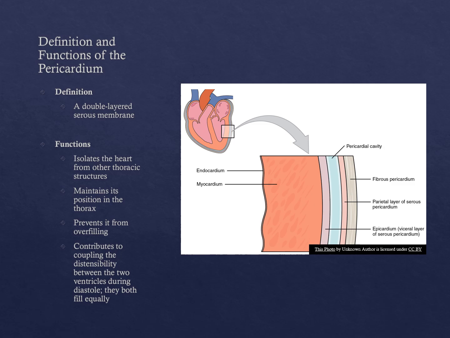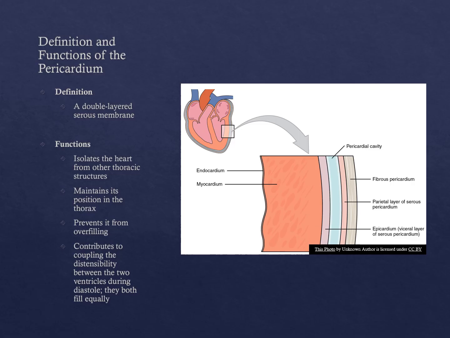Next, you have a pericardial cavity, and this is a space between two membranes, the epicardium and the parietal layer and fibrous pericardium. So in between the epicardium and the pericardium is this pericardial cavity.